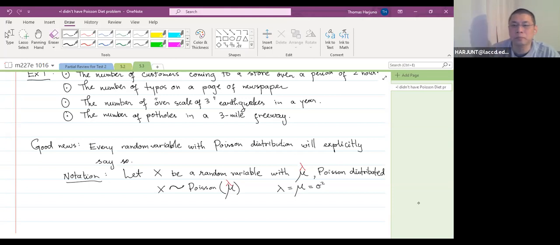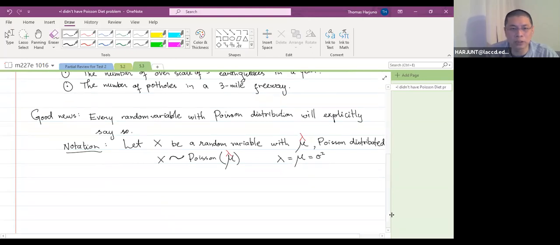Okay. Now, what I will do first is an example in notation. From there, we learn how to use the calculator. After that, we will do word problems. For example, let X be Poisson distributed with lambda equals 2.4.